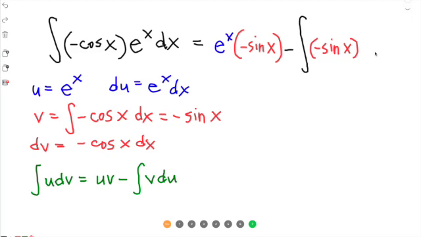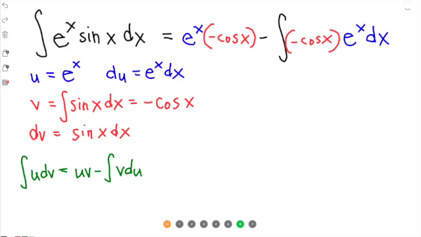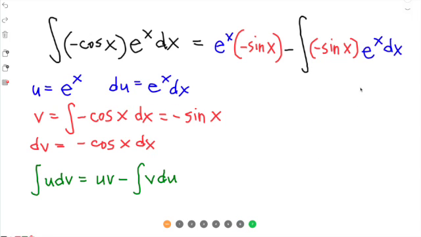Alright, so look at this. This is basically our original problem, right? e^x sine x dx, but this time it's negative, right? Okay, so writing down, plugging it for the integral of negative cosine x e^x dx.